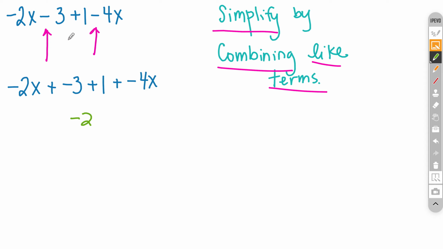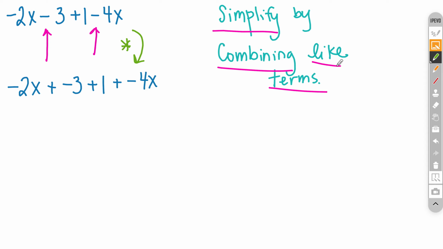Negative 2 and negative 4, those are different answers, and this answer is incorrect. The minus here in front of the 3 is attached to the 3, and it operates like a negative sign. So for that reason, this step is crucial. Rewrite every minus as plus the negative of that number.